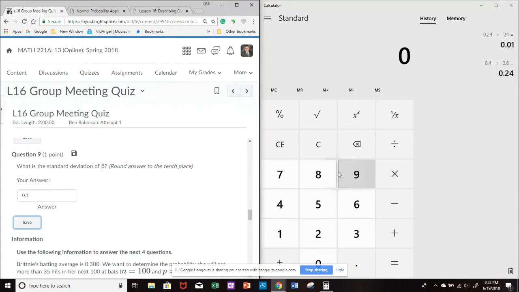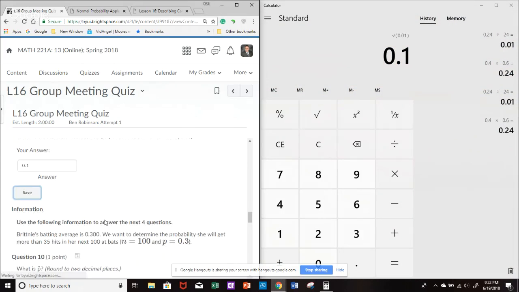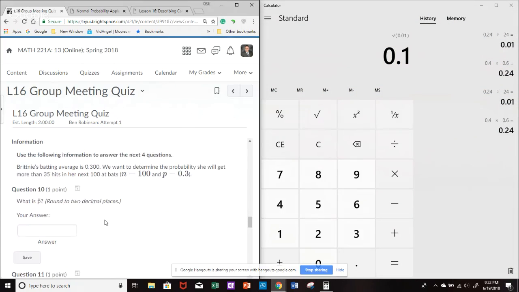So if p is 0.4, times it by 1 minus p, which is 0.6. 1 minus 0.4 is 0.6. That gives 0.24, divide that by n, which is 24, and then the square root, so it's 0.1. Okay, 0.1, yes. Thank you. Gabriela, agree? Yes.